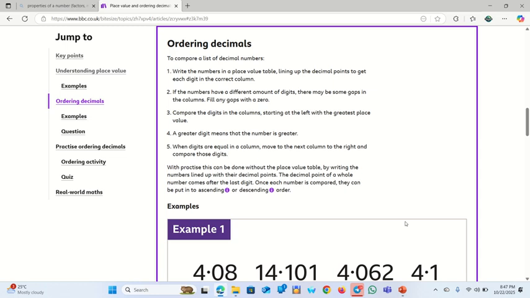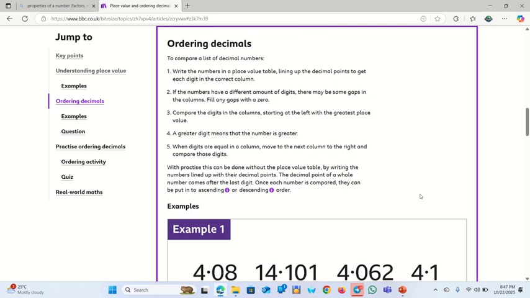When digits are equal in a column, move to the next column to the right and compare the digits. Through practice, this can be done without the place value table by writing the numbers lined up with the decimal points. The decimal point of a whole number comes after the last digit. Once each number is compared, they can be put in ascending or descending order.